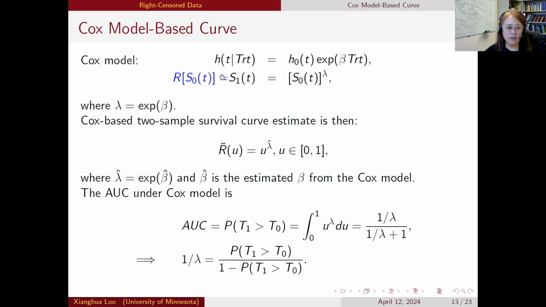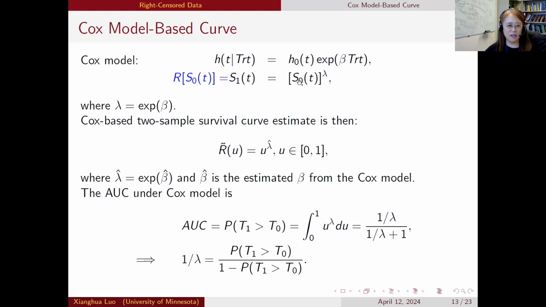So if I hide the blue part first, it's easily proved that the survival of the two treatment arms has this nice relationship. This is just a simple Cox model with a two-arm covariate, nothing time changing or anything. So you have this nice relationship. And by looking at this equation, it's just the RLC curve, right?